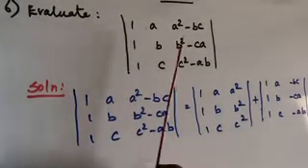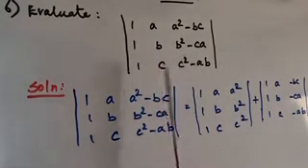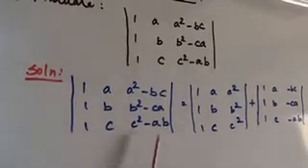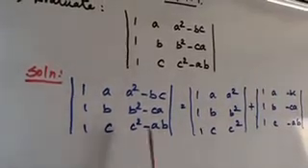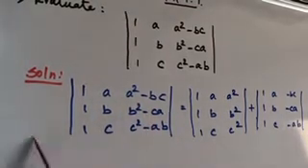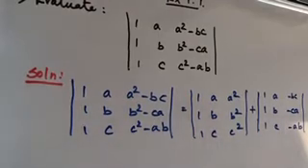Evaluate the determinant with rows 1, a, a square minus bc; 1, b, b square minus ca; 1, c, c square minus ab. Okay, for the solution, by property 6, we can split the third column into 2. So, I split the whole matrix into the sum of 2 matrices, according to the sixth property.